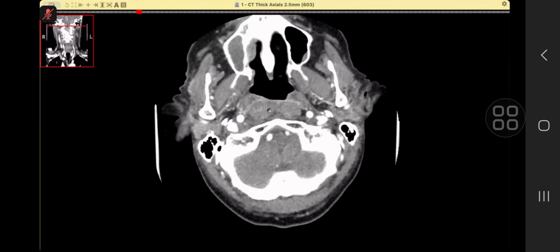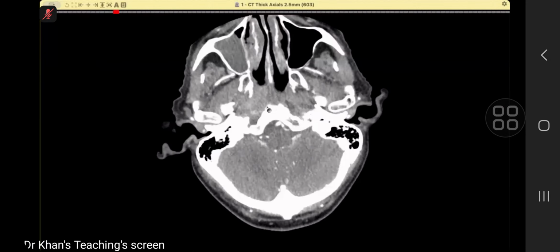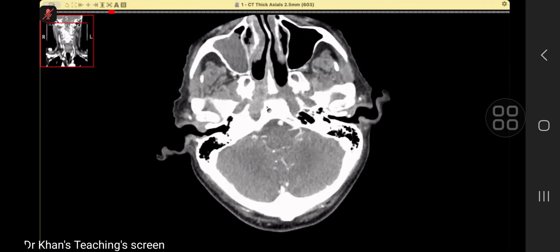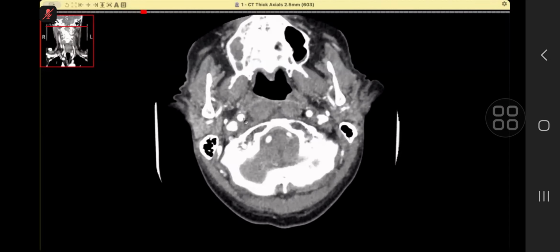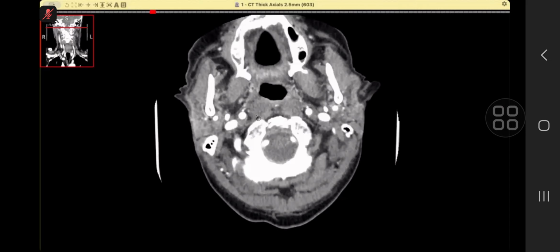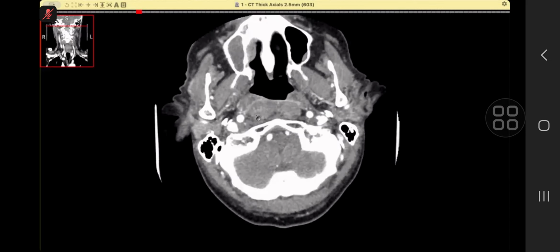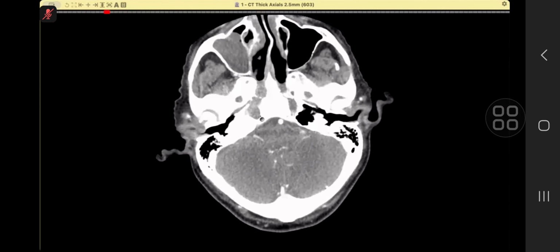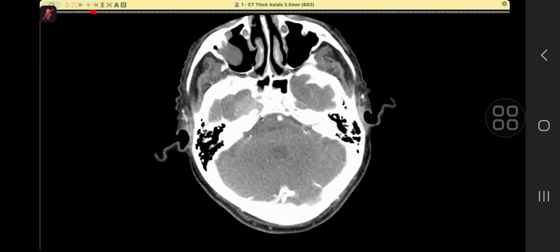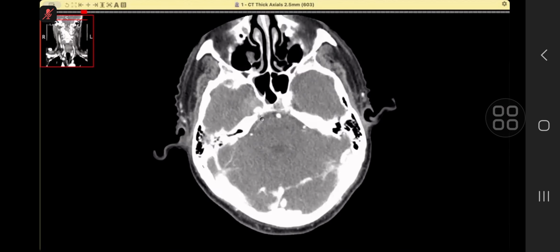I'm trying to delineate that the carotid artery and jugular vein are not involved. So just conclude the case, please.